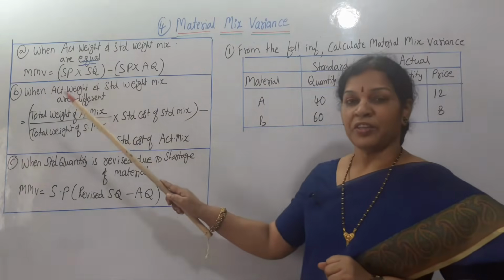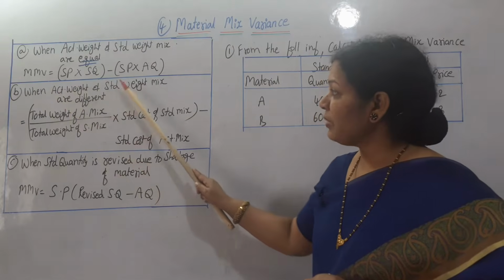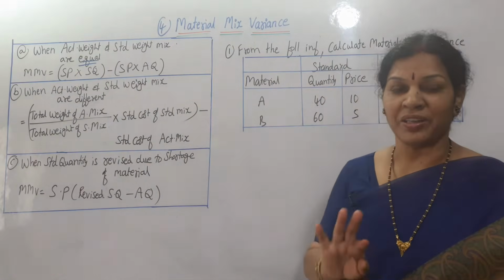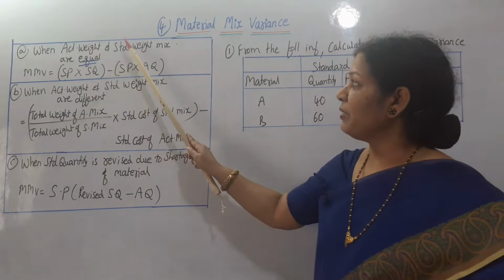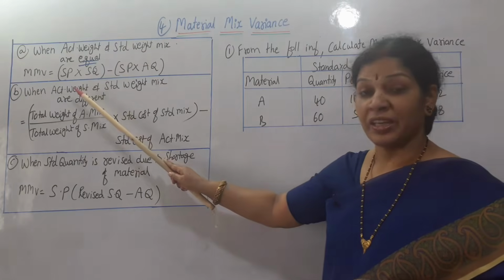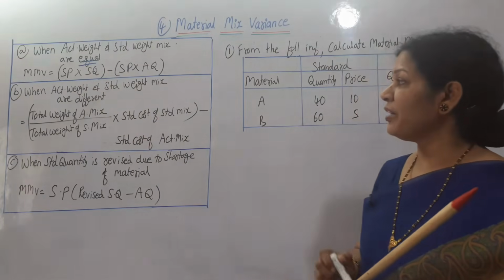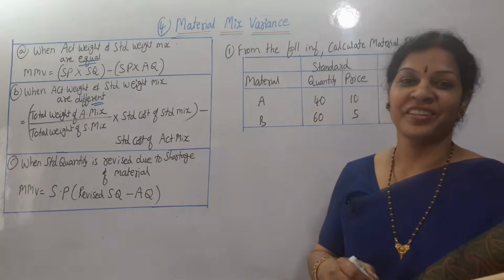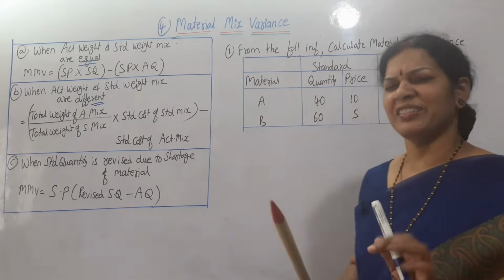Now coming to the second formula, when actual weight and standard weight mix are different. Previous one was equal, and we used that formula when both were equal. Now both are different. It's a very big formula, but you can easily understand.